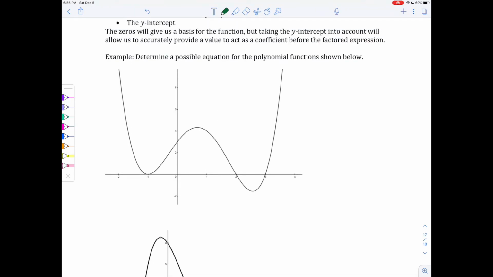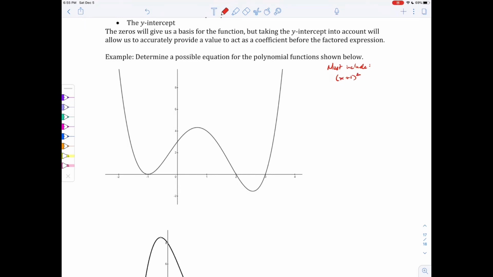So we know that for this function, we have to include, at the very least, an x plus 1 because of this 0, and that has to be of an even degree. So at the very least, 2.